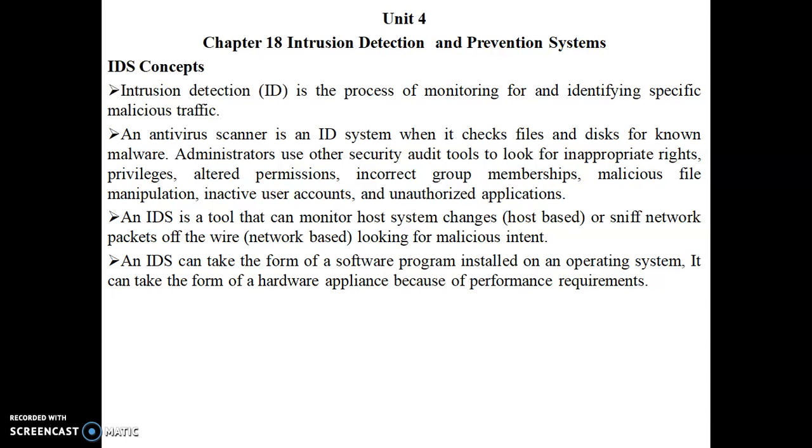In the form of hardware appliances, IDS is basically our CCTV, closed circuit television. Everywhere nowadays CCTV is installed for surveillance purposes. If any unknown person comes into the camera, that person would be caught easily. So it is a kind of hardware IDS.